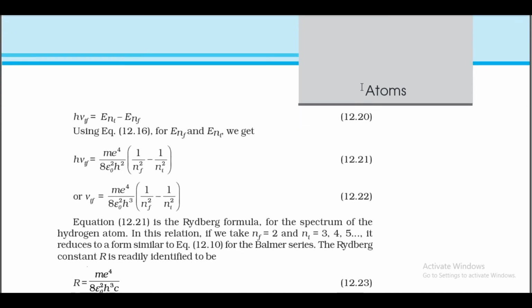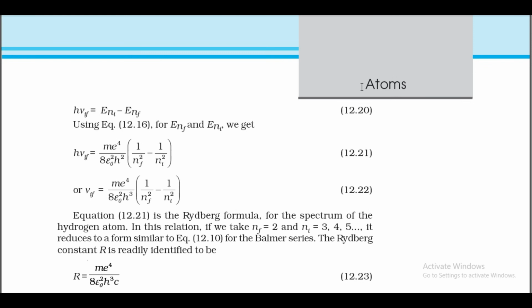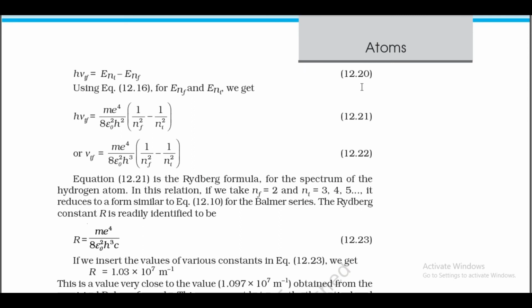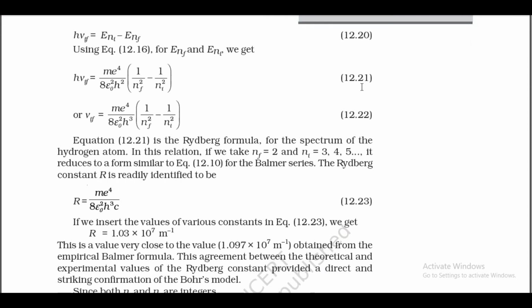we get hνif is equal to me^4 by 8ε₀² h² into (1/nf² minus 1/ni²), or νif is equal to me^4 by 8ε₀² h³ into (1/nf² minus 1/ni²).